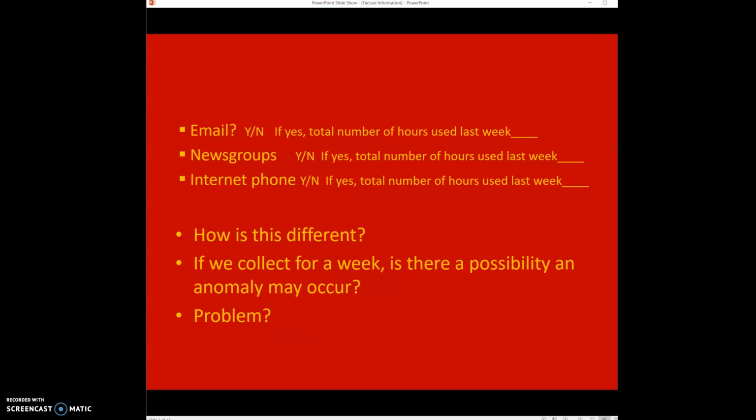For example, if you have a snow apocalypse and it throws things off, this is no longer going to be accurate. So even if you have something planned, really look at the best way to collect information that gives what we call a measure of central tendency, what tends to occur most of the time.